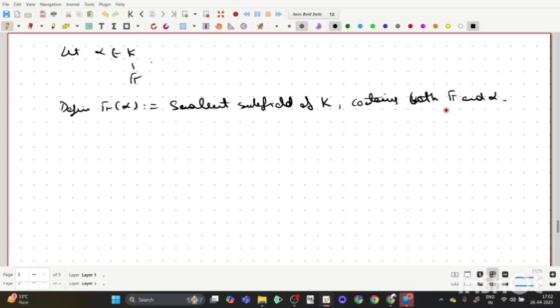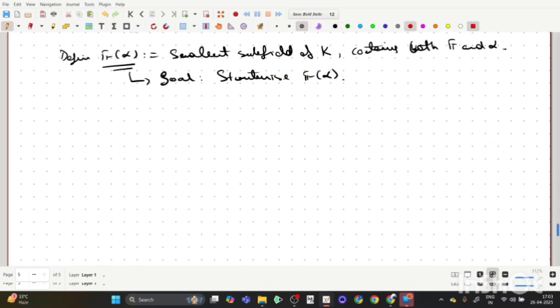So F automatically becomes a subfield of F(alpha) as well. Is it clear? Now our goal is to give a structure to F(alpha), and let's see how we are able to do this.